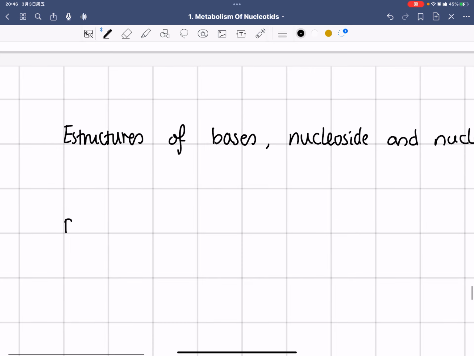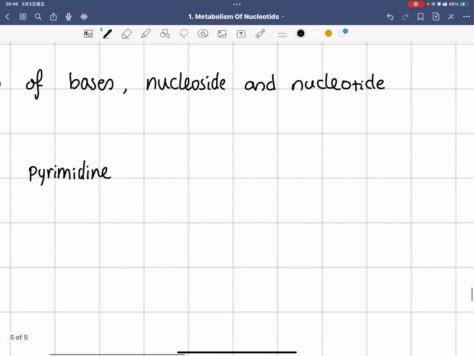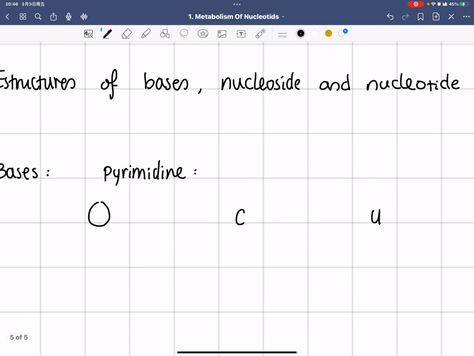So first, with the bases, we have pyrimidine, which is cytosine, uracil, and thymine. And if you look at the 12 o'clock, well, let me draw a clock here.